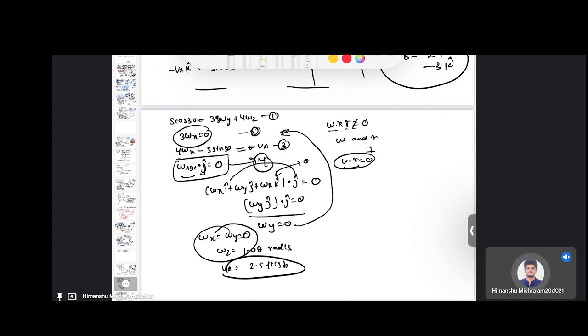I will be revising all the concepts. I mean, not exactly revising the concepts, but solving problems from all the concepts. It will help you clear the concepts, because in the end you are going to give the exam, and in the exam questions from all the topics will be there.